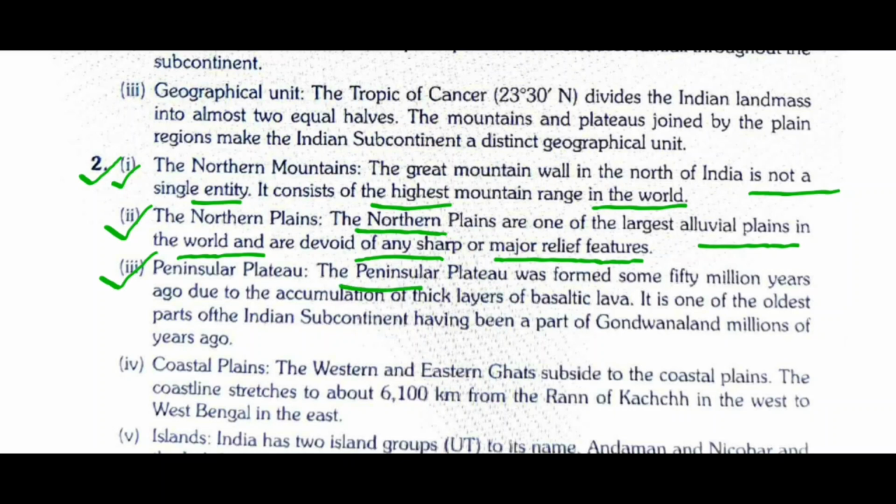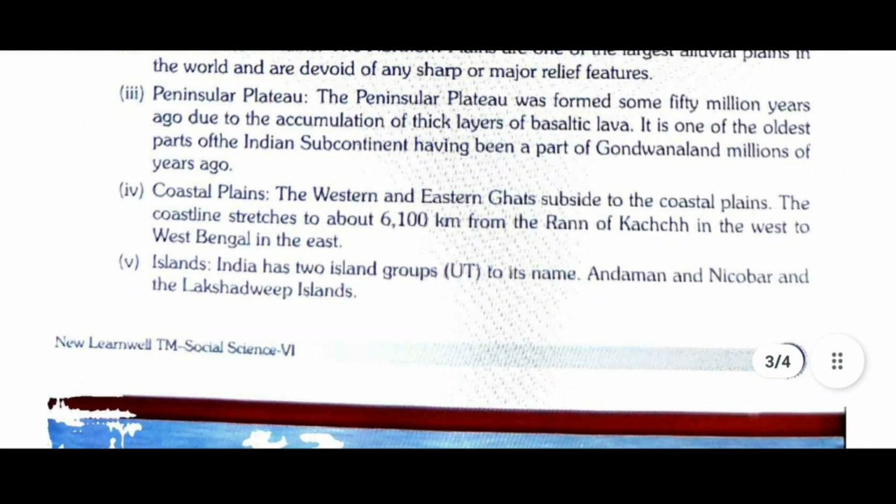Peninsular plateau. The peninsular plateau was formed some 50 million years ago due to the accumulation of thick layers of basaltic lava. It is one of the oldest parts of the Indian subcontinent, having been a part of Gondwanaland millions of years ago. Then the coastal plain.